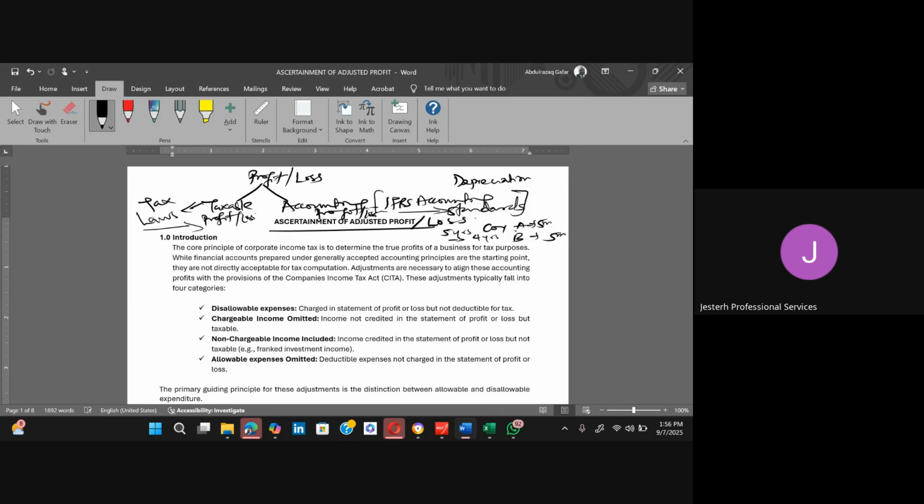Invariably, if both of them are preparing their financial statements, their depreciation rates will differ, isn't it?